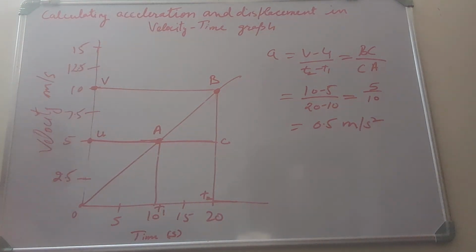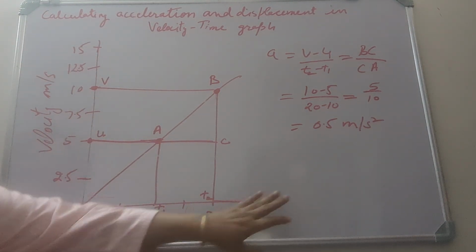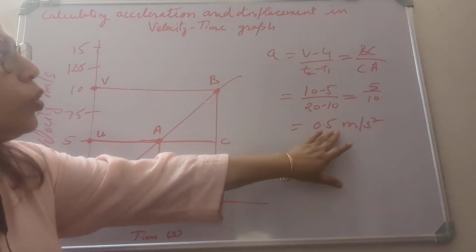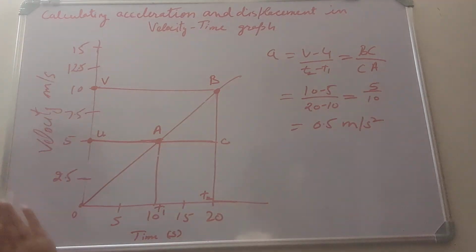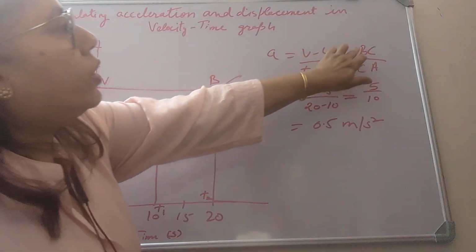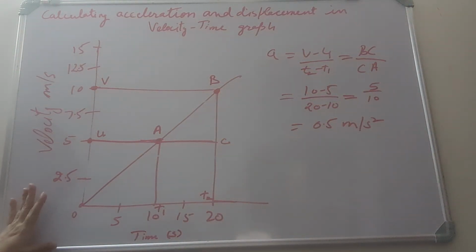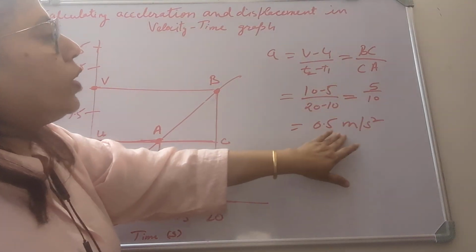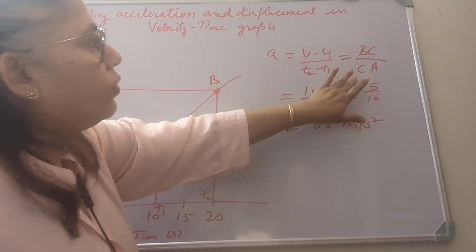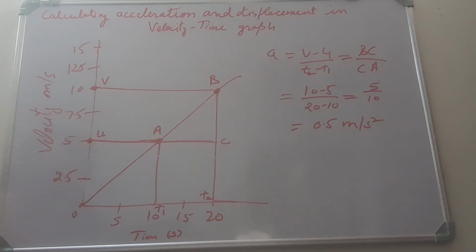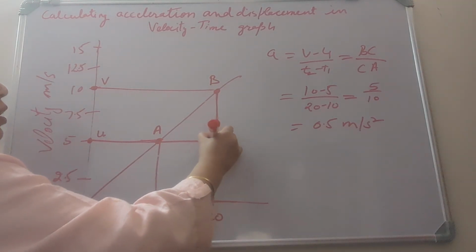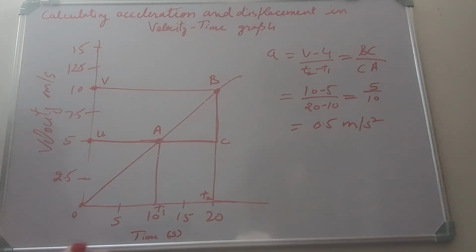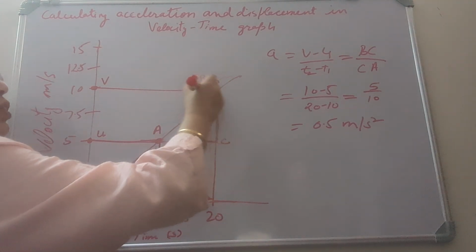Our object is accelerating at the rate of 0.5 meter per second square in this velocity-time graph, and we can calculate the acceleration through this method. The slope of the graph is BC upon CA, which represents the acceleration of the object from point A to point B.